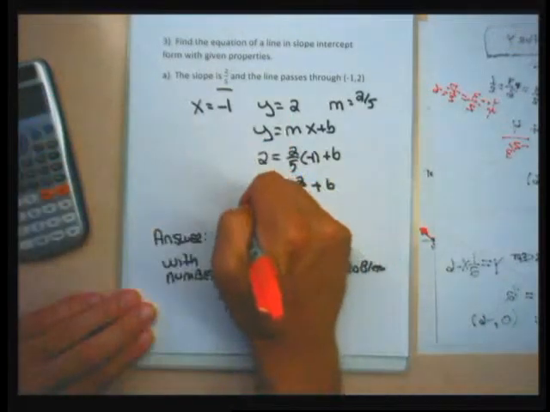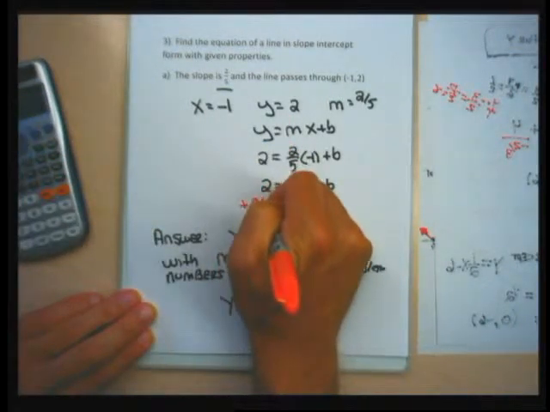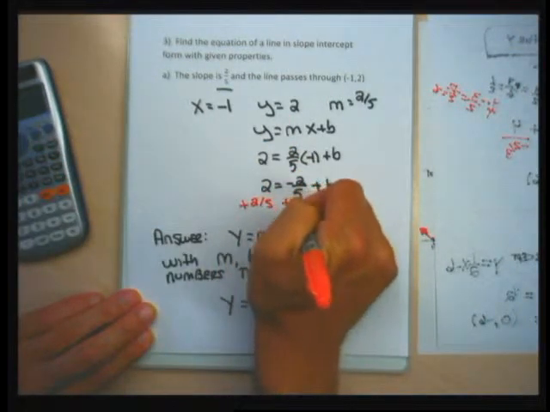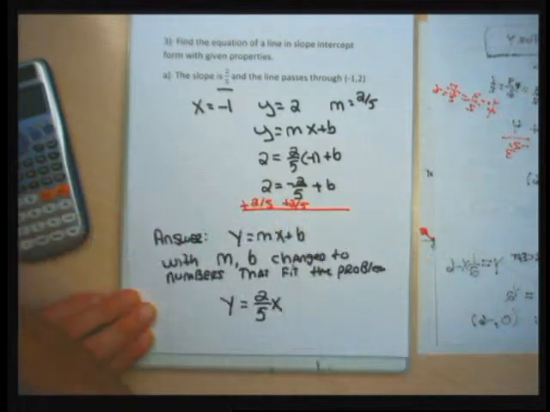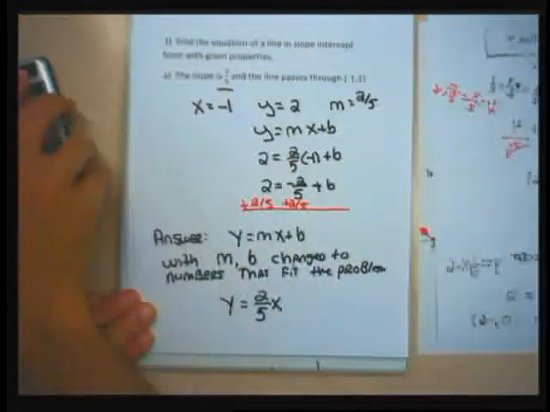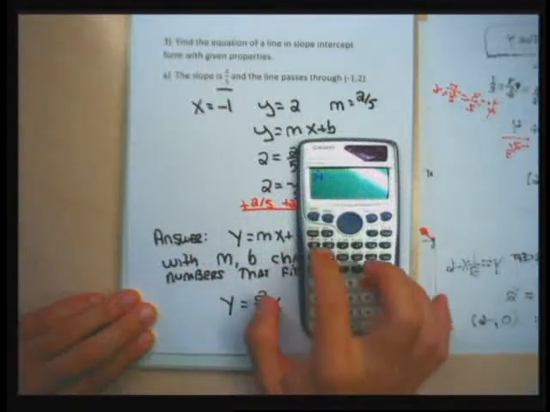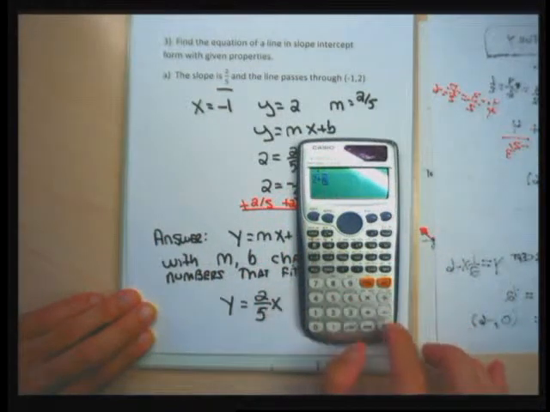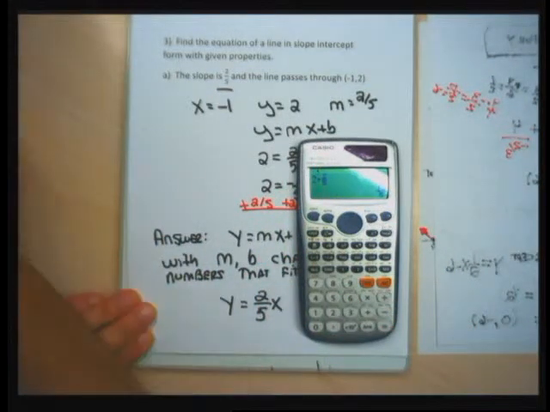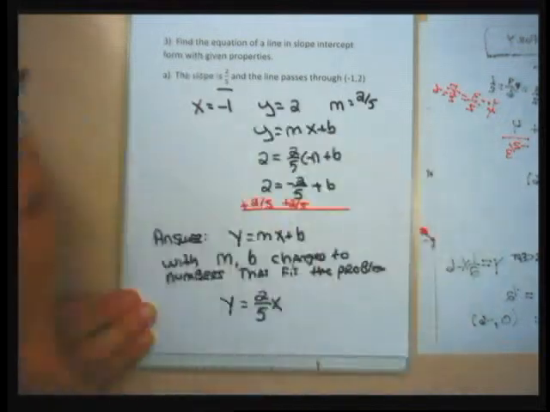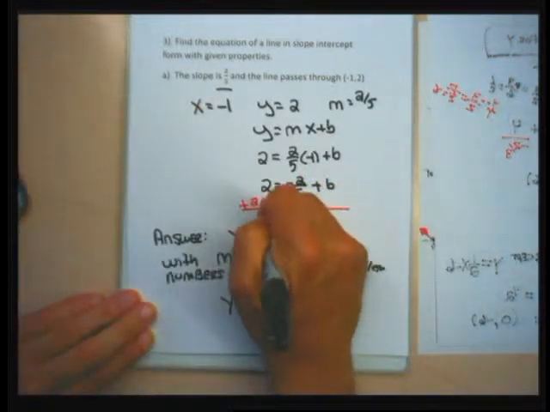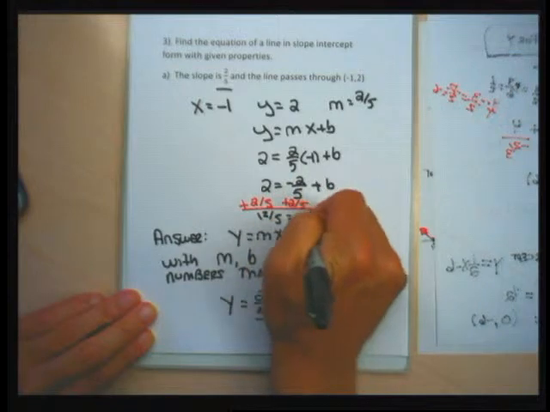My goal is to solve for b, so I'm going to add 2/5 to both sides. With my calculator, it's easy to do the left side. 2 plus 2/5, I just go 2 plus fraction 2/5. My calculator tells me that it's 12/5. So I get 12/5 equal to b.